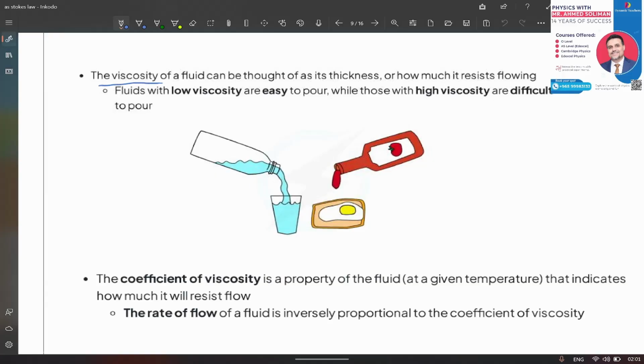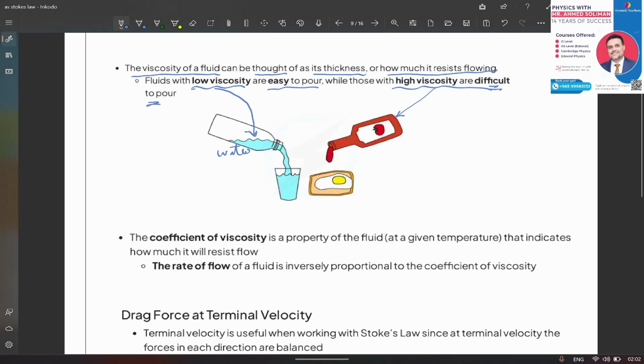So the viscosity of a fluid can be thought of as its thickness, or how easily it flows. A fluid with low viscosity, like water, is easy to pour, while one with high viscosity, like honey or ketchup, will be difficult to pour. Okay, it will move slowly.